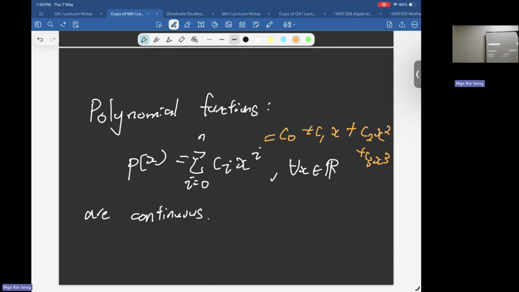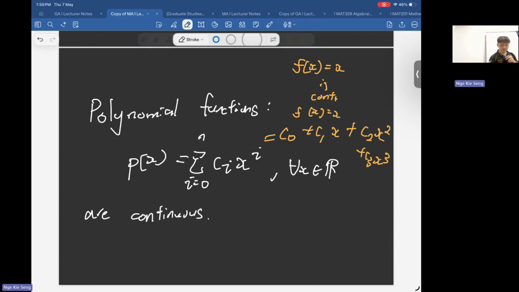Each of them looks like what? Product of x, and scalar multiple, right? Okay, so we know that I showed it to you, right? F of x equals x is continuous, right? So the product of them should be continuous. And then the scalar multiple is also continuous. But then this is a bit. This is C0, there's no x here.